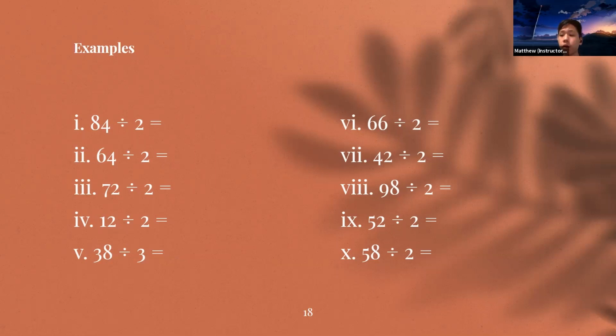Some of you might have thought, well, 2 divided by 2 is 1. 7 divided by 2, well, that's not an even number. How would you divide that? That would be 3.5. It doesn't make sense. But remember, 7 is in the tens. So 70 divided by 2 would be 35, plus 1 from the 2. So the answer would be 36.